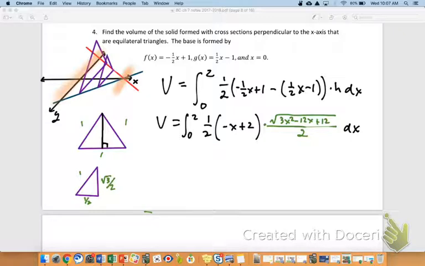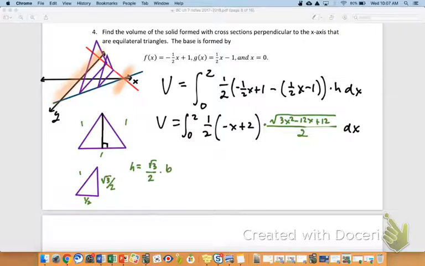Okay. And what'd you do? The idea is that you're putting your height in terms of base. So the height is equal to root 3 over 2 base. Okay, so h equals root 3 over 2 times base.